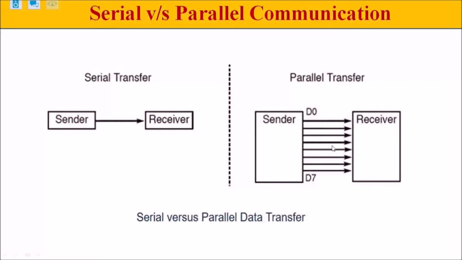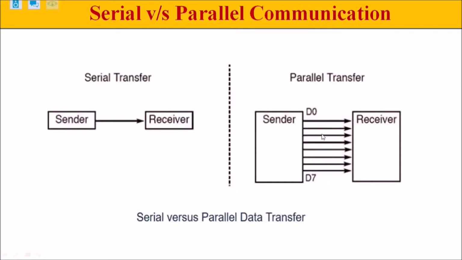And in parallel communication, at a time you can transmit 8 bits of data. In case of 8051, it depends upon the size of the data bus of the controller or processor. So the data transmission is faster in parallel communication, whereas in serial communication, we are transmitting 1 bit at a time, so the transmission is slower.